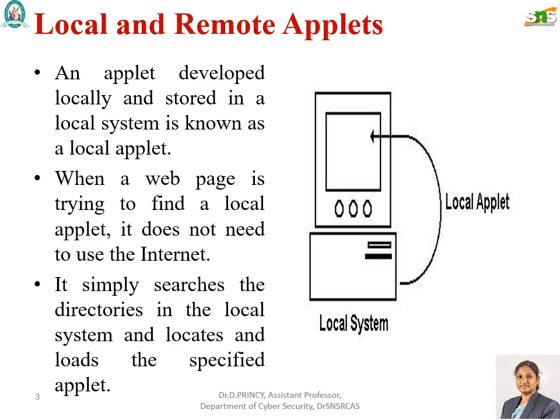There are two types of applet programs. One is local applet, another one is remote applet. Local applets are developed and stored in a local system. When we run a local applet, there is no need of internet. We can simply search the local directories in a local system and run it using applet viewer or web browser.